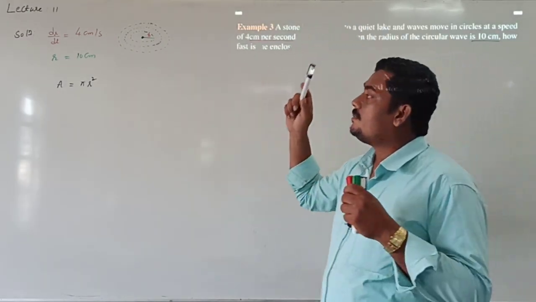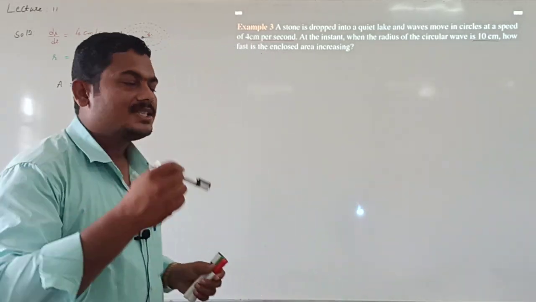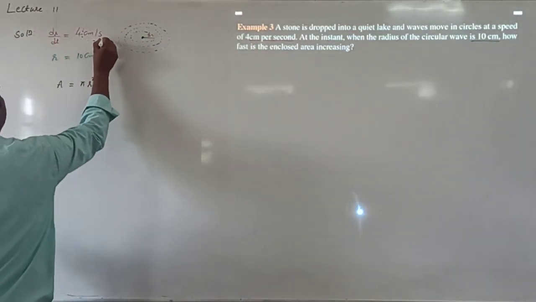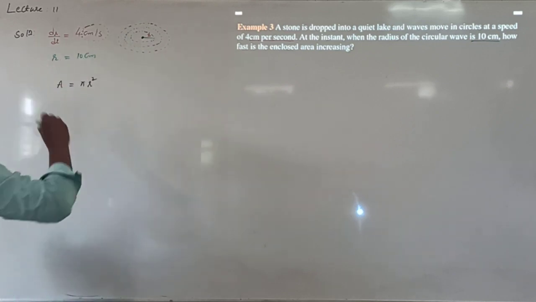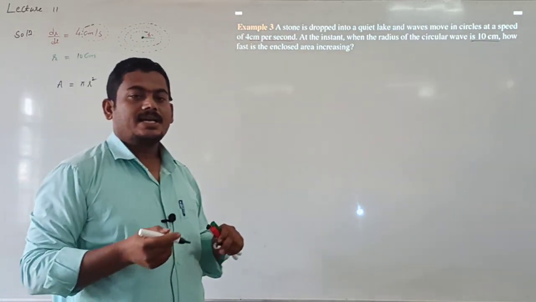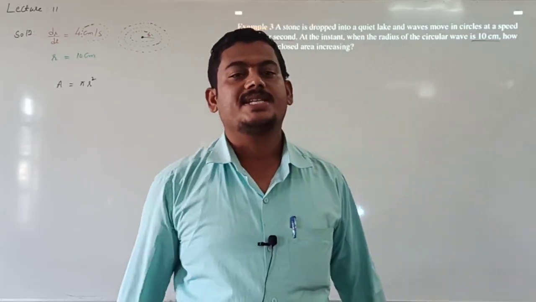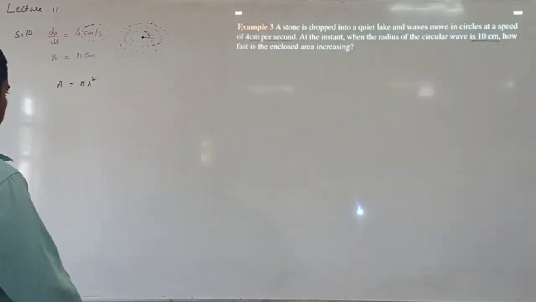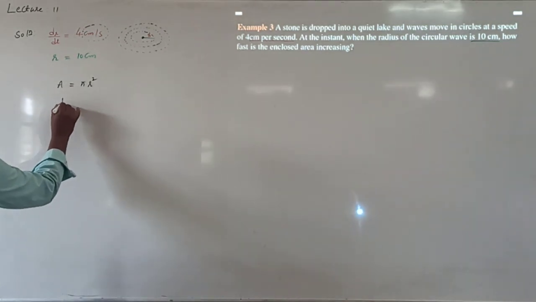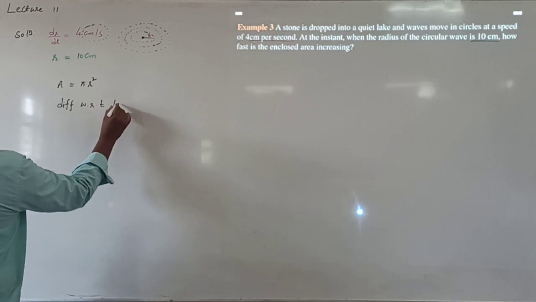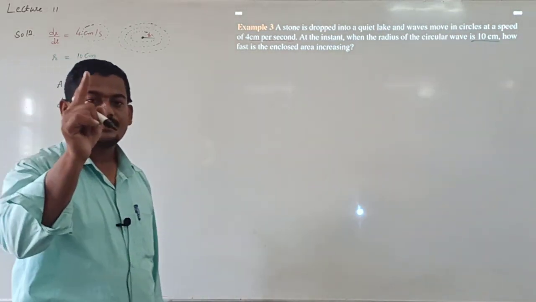4 centimeter per second. Just look at its unit. Its radius is changing with time, which means its area is also changing with time. Differentiate with respect to time, not with respect to r.